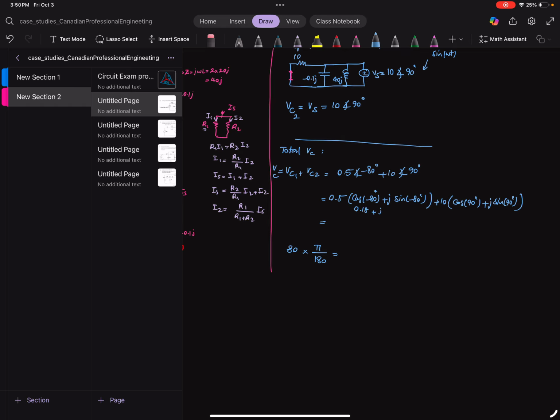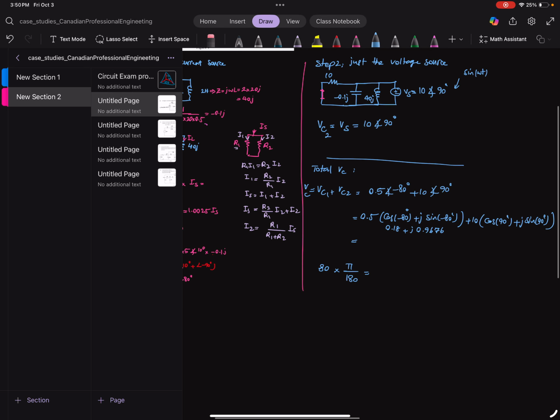So this is about 0.18, and then you can use that sine of an angle is the square root of 1 minus cosine of that angle squared. So this is j 0.9676. So we have 0.18 multiplied by half. Again, this 10 is really dominant, but we can solve it.